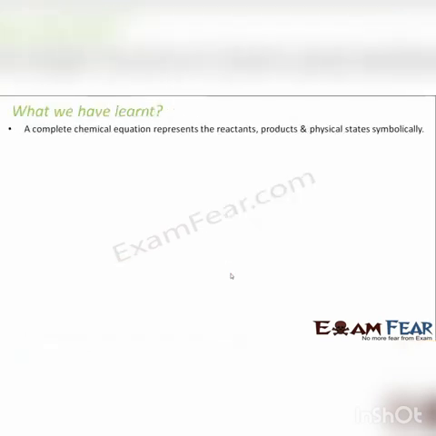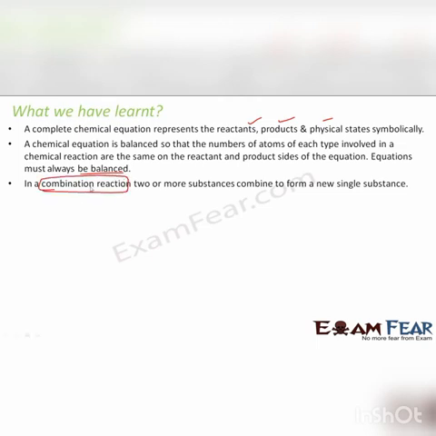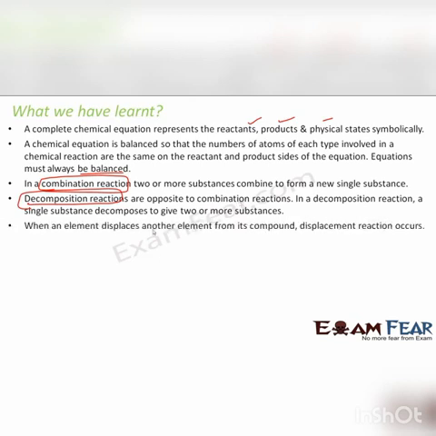So what have we learned? We have learned the chemical equation definition, that it represents reactants, products, and the physical state symbolically. And the chemical equation has to be balanced always, right? The law of conservation of mass. In a combination reaction, two or more substances form a single compound. In a decomposition reaction, one compound breaks into two or more substances. In a displacement reaction, one element displaces another one.